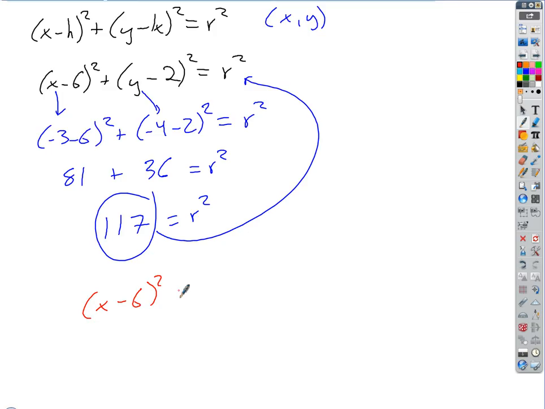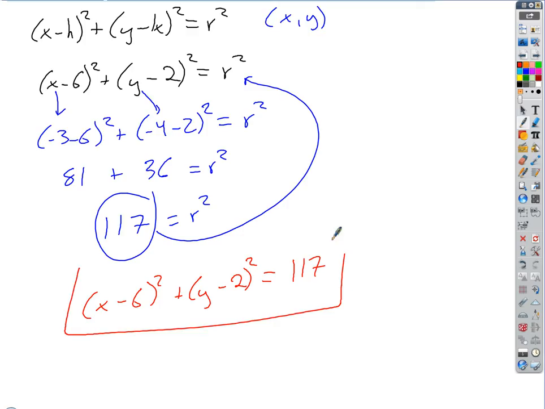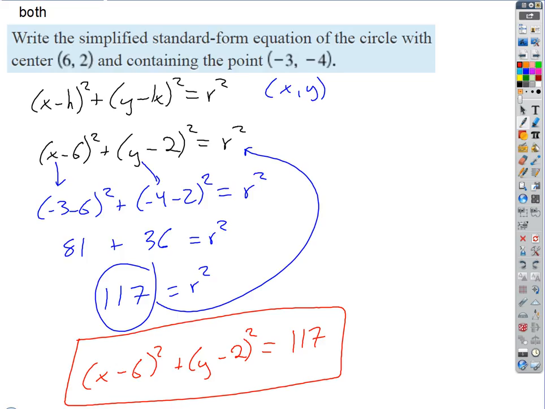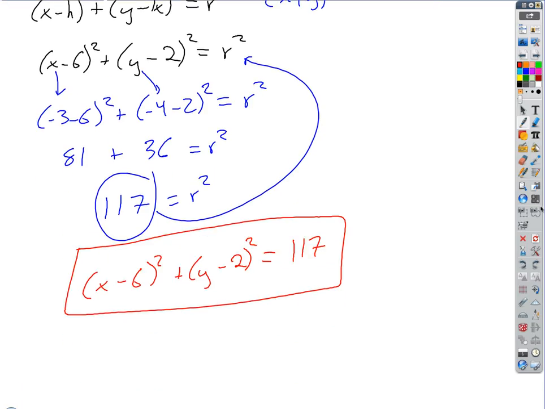So x minus h squared plus y minus k, which is 2 squared, equals r squared, which is 117. If we wanted to calculate the radius, it would just be the square root of 117. But that's not what we were asked to do. We were just asked to write the simplified standard form equation of the circle, and that is it.